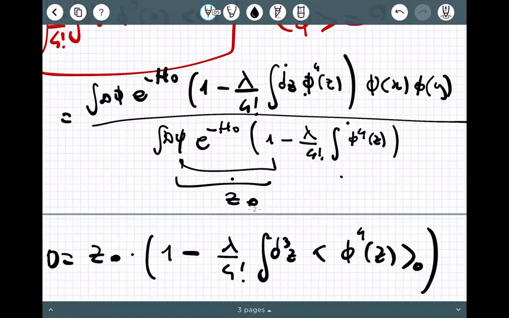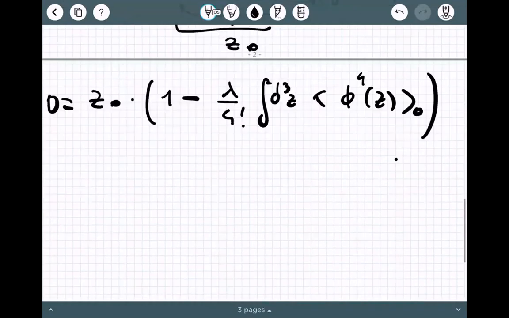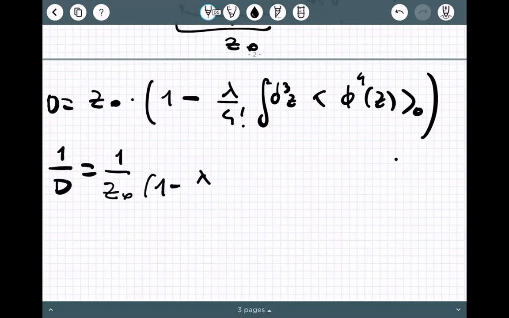Because I've pulled out Z naught and divided by Z naught. So all in all, let me look at what happens to the 1 over D. 1 over D is going to be 1 over Z naught, 1 minus lambda over 4 factorial integral d^3z phi to the fourth, say.